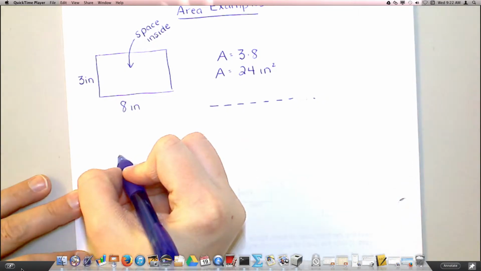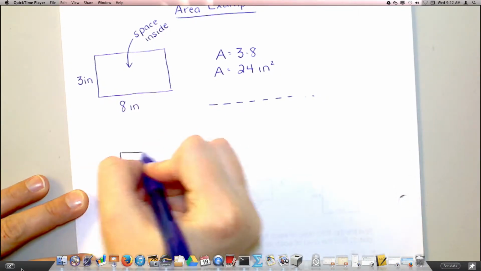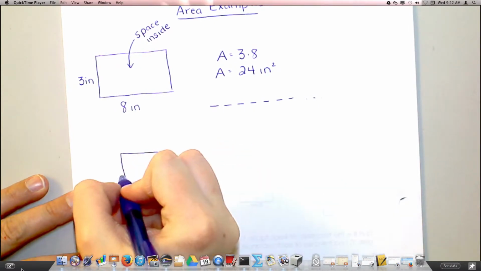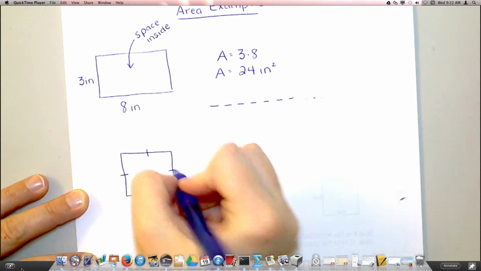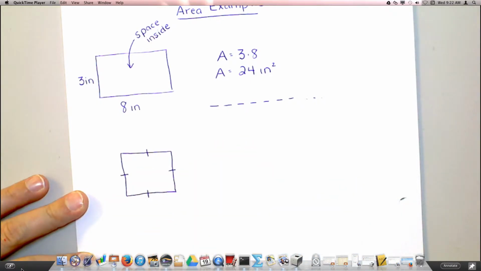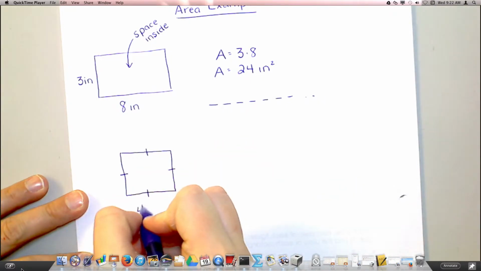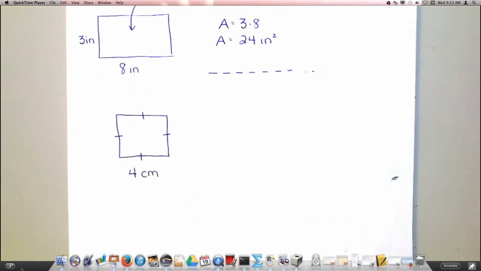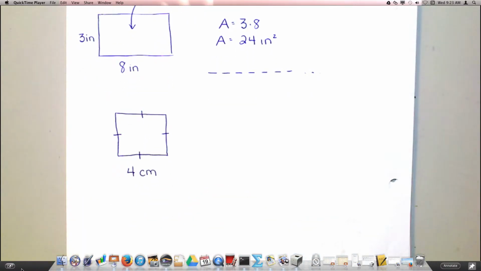Let's try a square. And we'll make this 4 centimeters. Now what's the problem here? Rebecca?